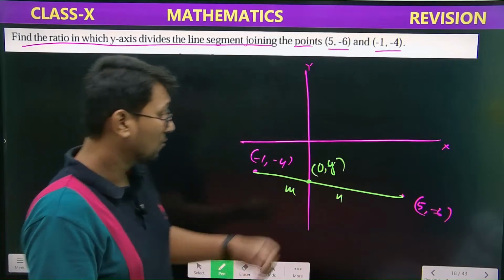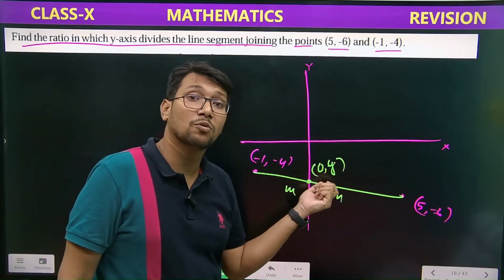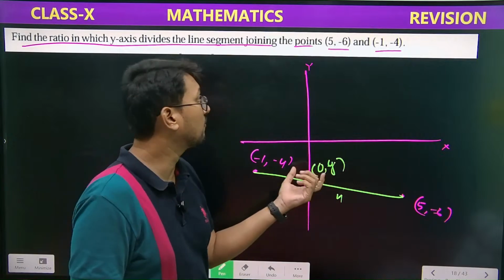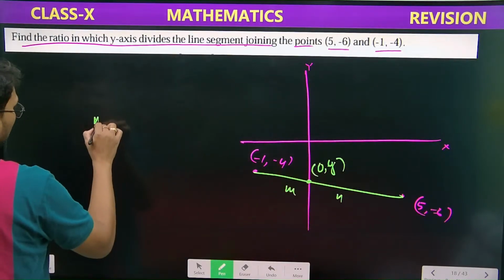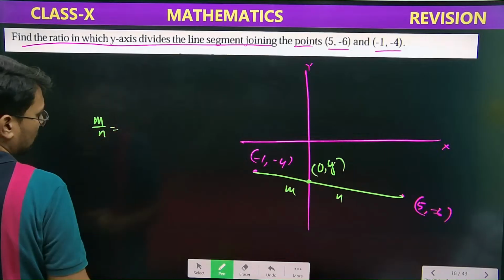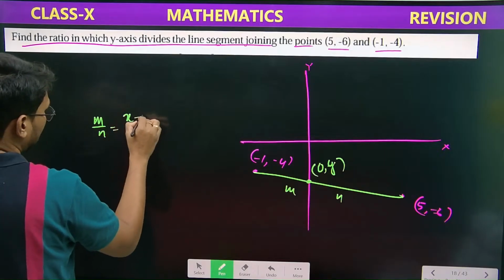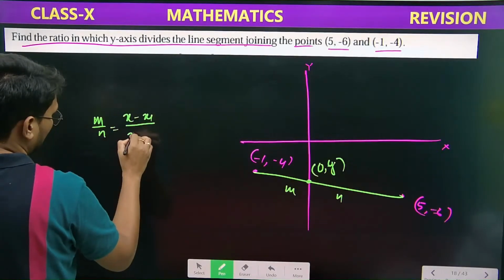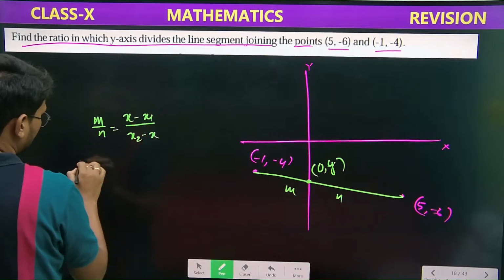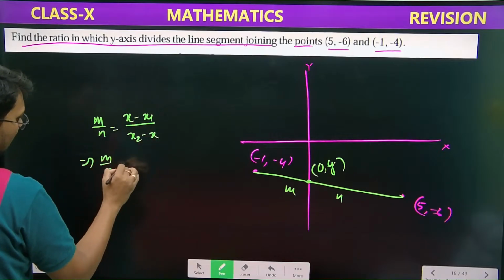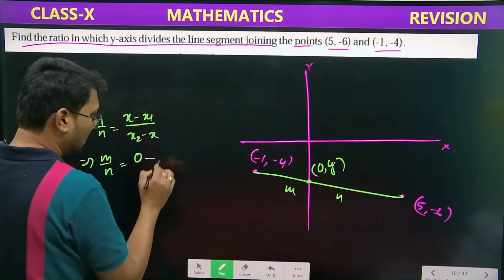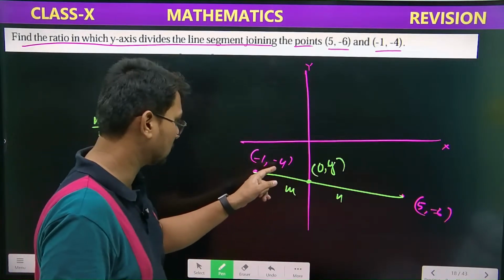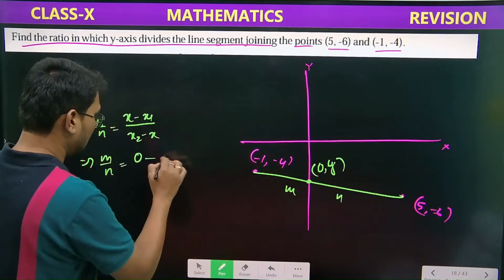Let the ratio be m by n. We do not know the y value, so we have to use the x value. m by n equals (x minus x1) by (x2 minus x). So put in the x value, which is 0, minus x1. x1 is this one, -1.